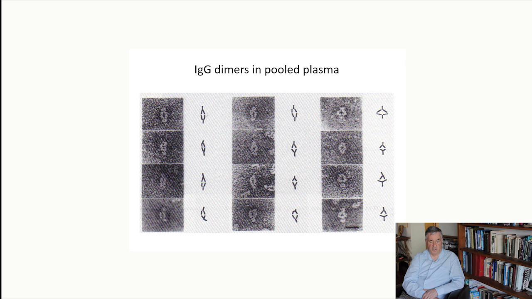On the left-hand side are actual micrographs, and then on the right-hand side of each one is an interpretation of the micrograph showing what is believed to be the actual IgG pair more clearly.